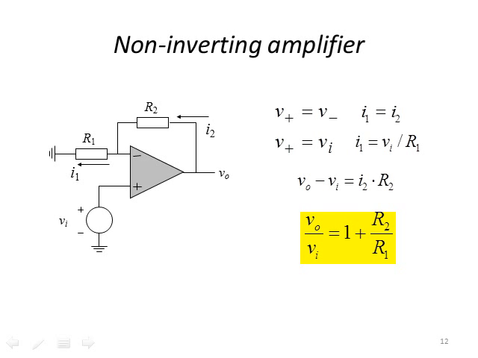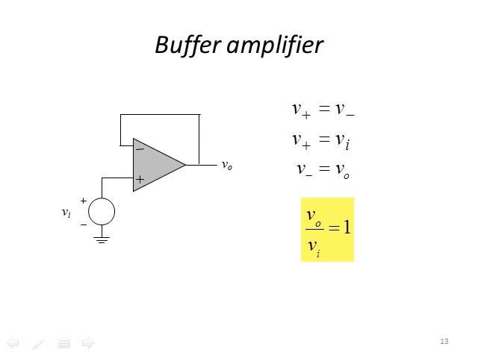Non-inverting amplifier configuration, where we have the input voltage connected to the positive terminal and then a feedback network to the negative terminal. We can derive the transfer function for this system. A buffer amplifier, where the output terminal is connected to the negative terminal, and then we drive the operational amplifier at the positive terminal, and ideally we get a gain of the system of 1.